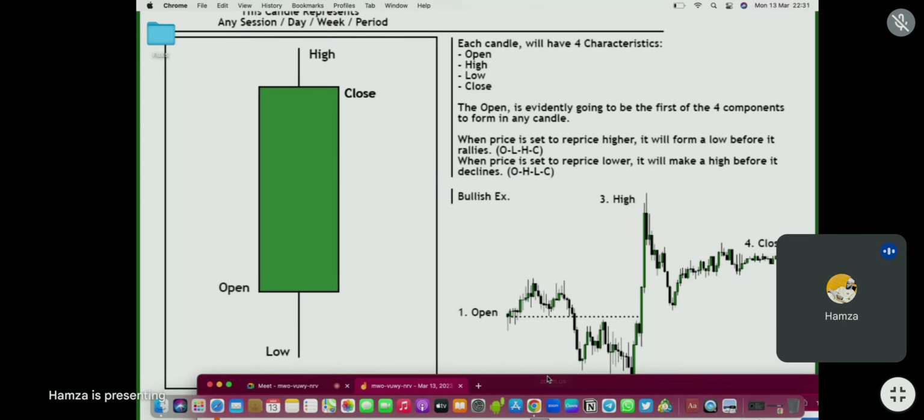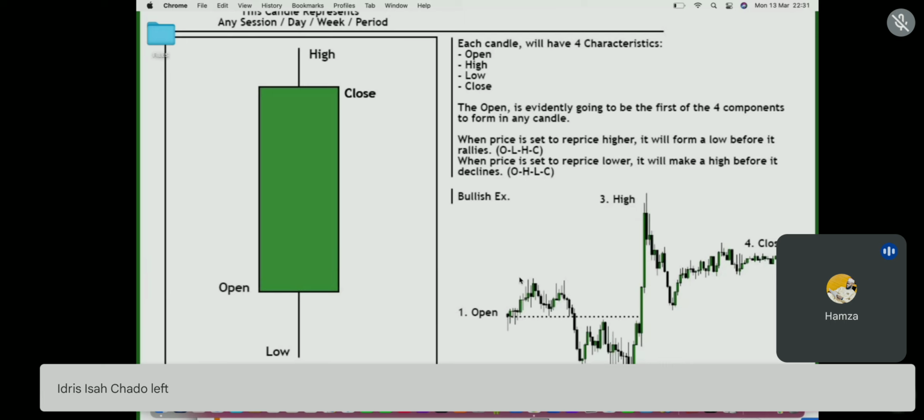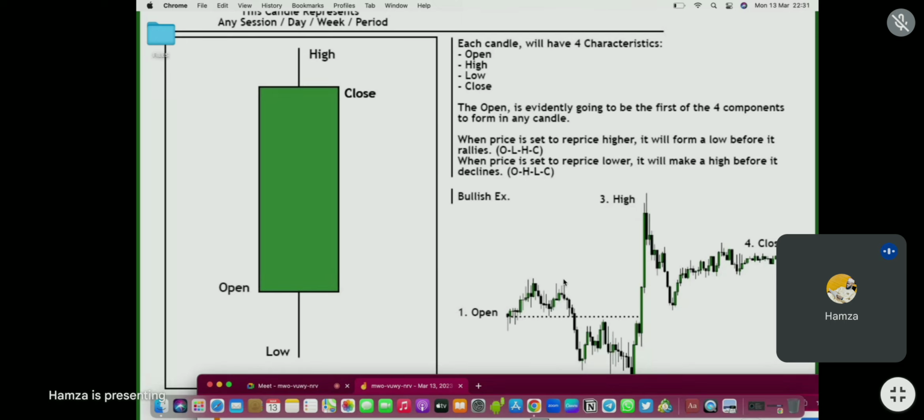Now, here in the Asian session, we had a consolidation, which is normal because the market is closed. The USD pairs, London pairs, don't move during the Asian session, unless of course they are paired with Asian session instruments.